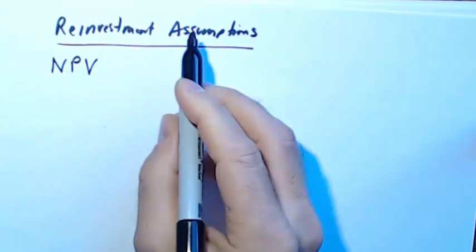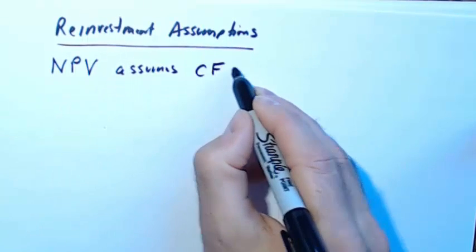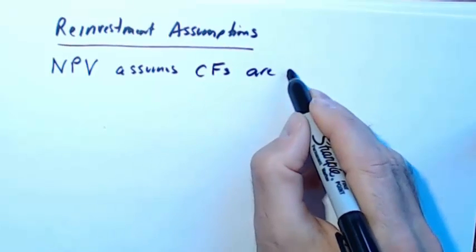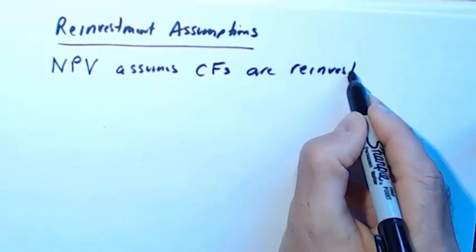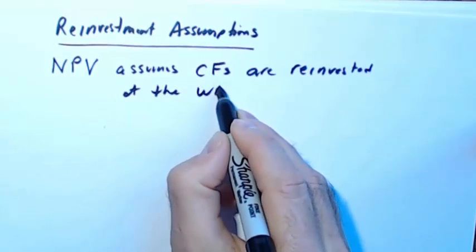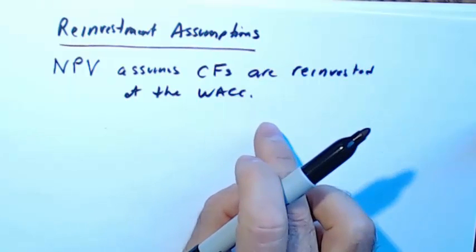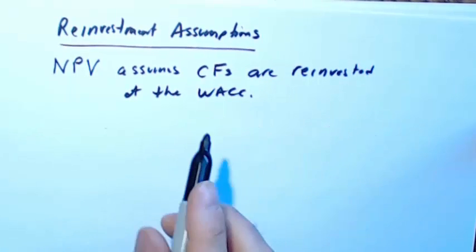Net present value assumes, the method assumes, the cash flows are reinvested at the weighted average cost of capital. Okay? It assumes that, and I'll show you in a minute that it assumes that.